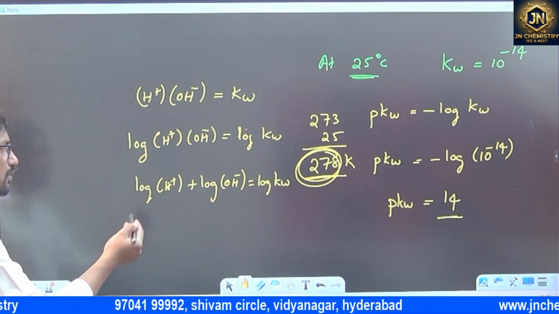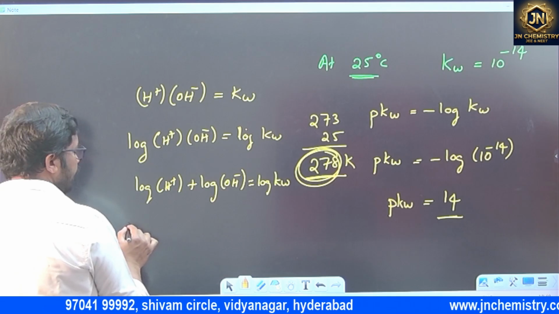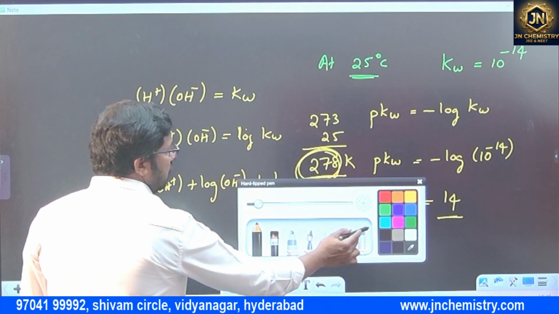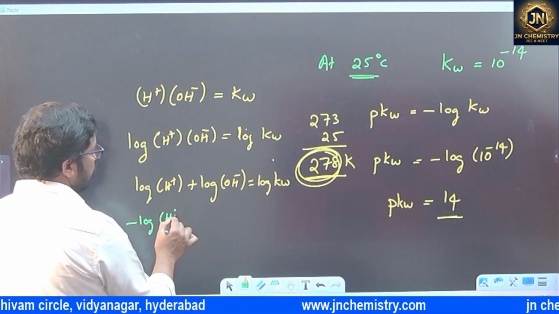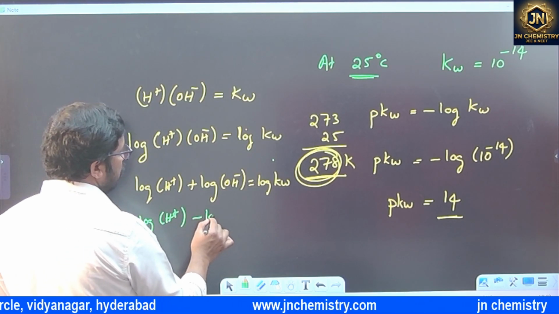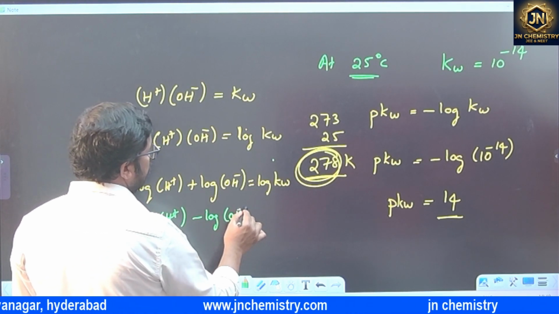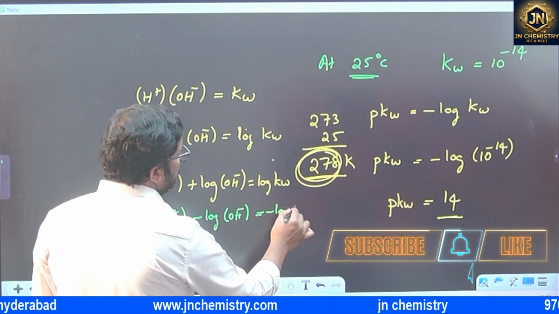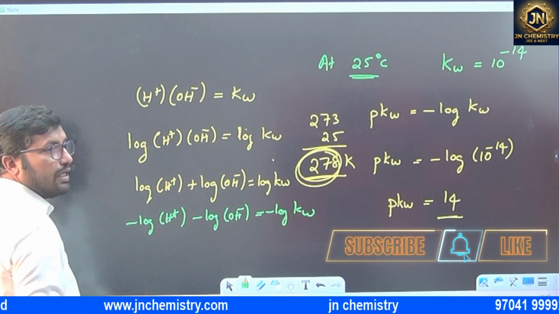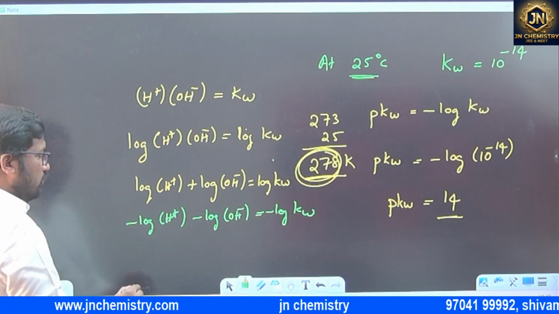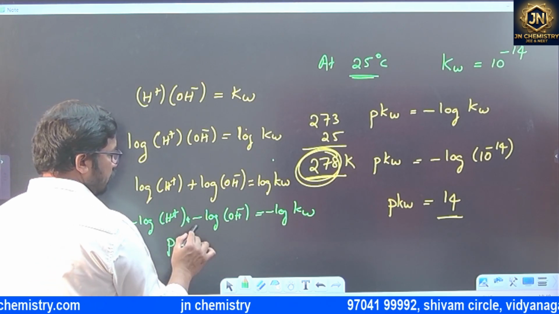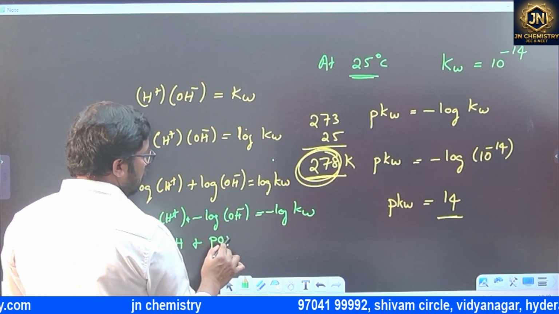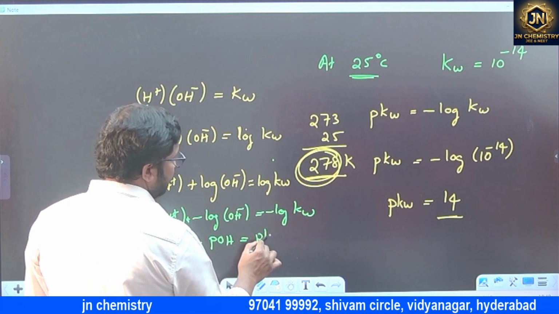Apply minus on all sides. Minus log H plus minus log OH minus is equal to minus log KW. Minus log H plus is nothing but pH, plus pOH is equal to pKW.